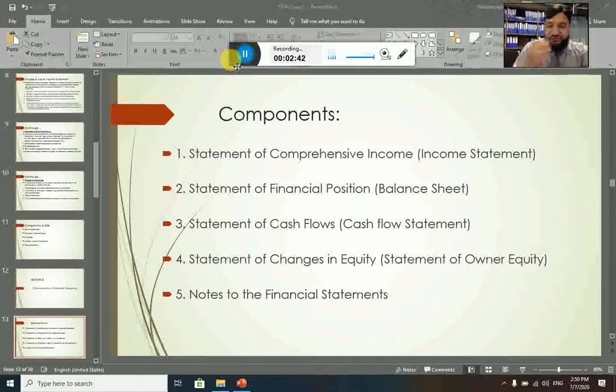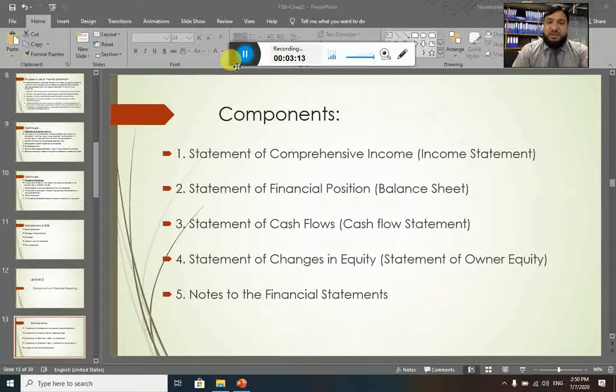Statement of profit and loss, or we can say statement of comprehensive income or income statement. There are multiple names used. The main purpose of this statement is to show the financial performance of an entity in terms of revenue, gross profit, operating profit, and net profit.